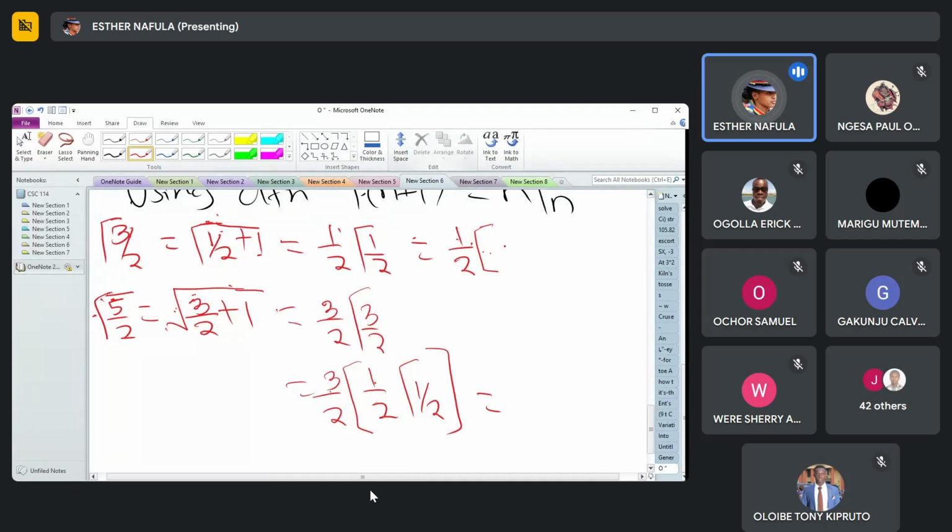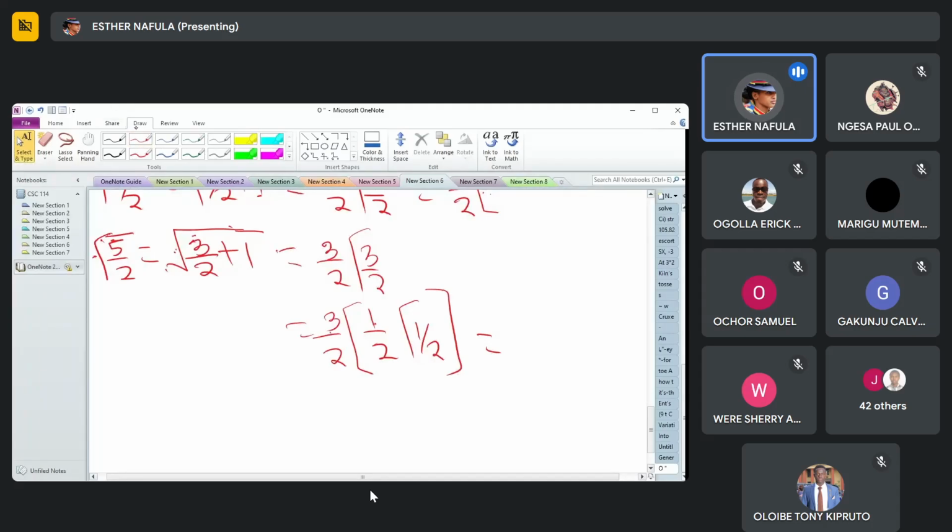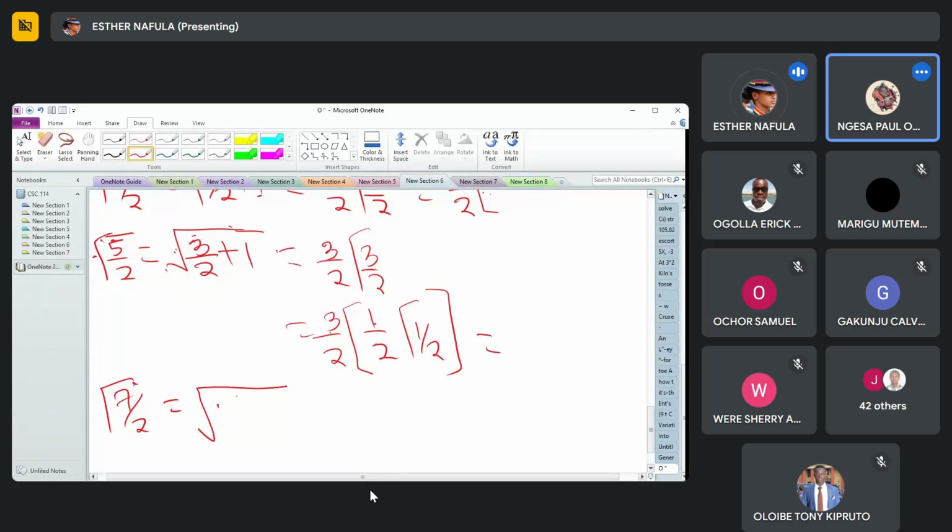For the third term, we have gamma of 7 over 2. Let's just give it before we proceed to use the result gamma of a half. So we look at gamma of 7 over 2. Write it in terms of something plus 1: 5 over 2 plus 1.